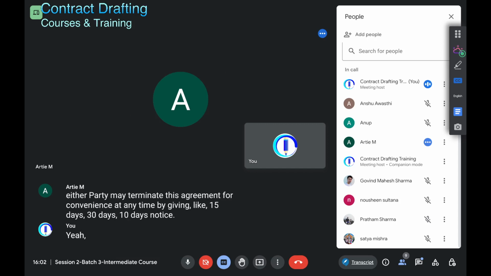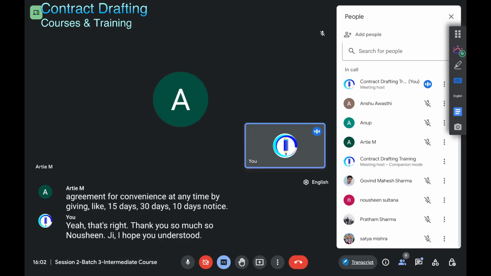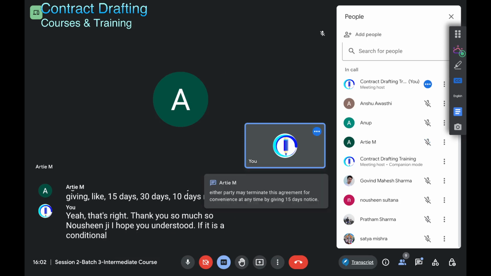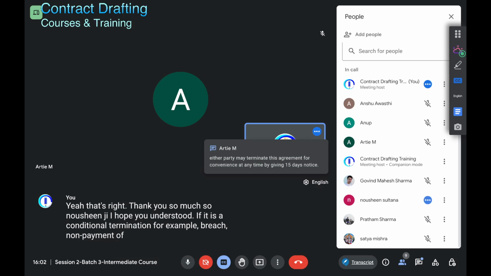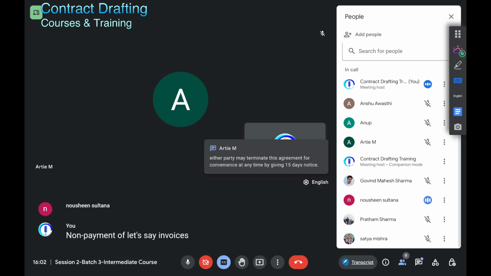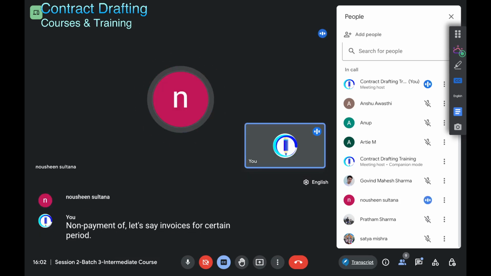So, Noshinji, I hope you understood. If it is a conditional termination, for example, breach, or non-payment of invoices for a certain period, those terminations will be a conditional statement.